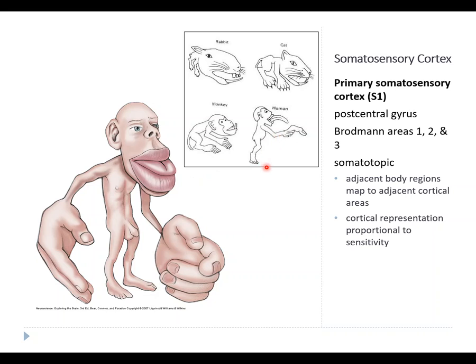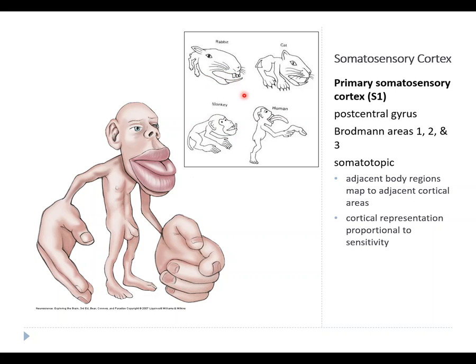Then if you look at the homunculus of other animals, or the somatosensory cortex of other animals, it's not the same. So again, for humans, the hands and the lips and the tongue are highly overrepresented. But if you look in, say, a monkey, the hands and feet both have kind of the same representation. The face also is overrepresented, but the tongue is not nearly as overrepresented.